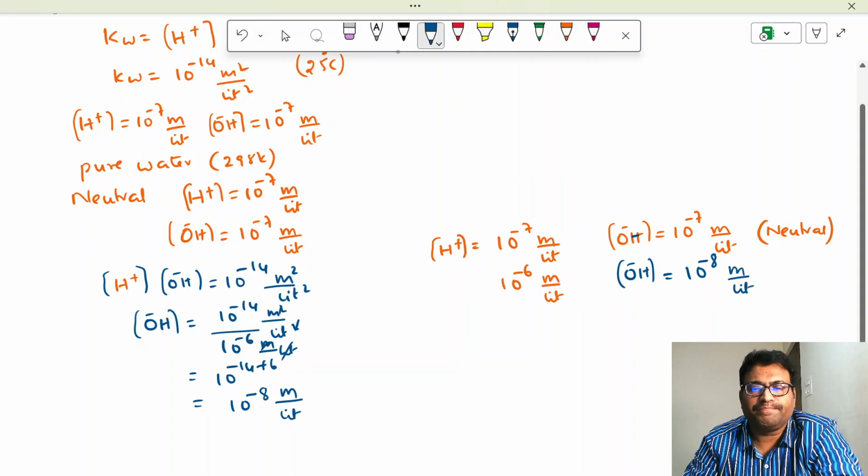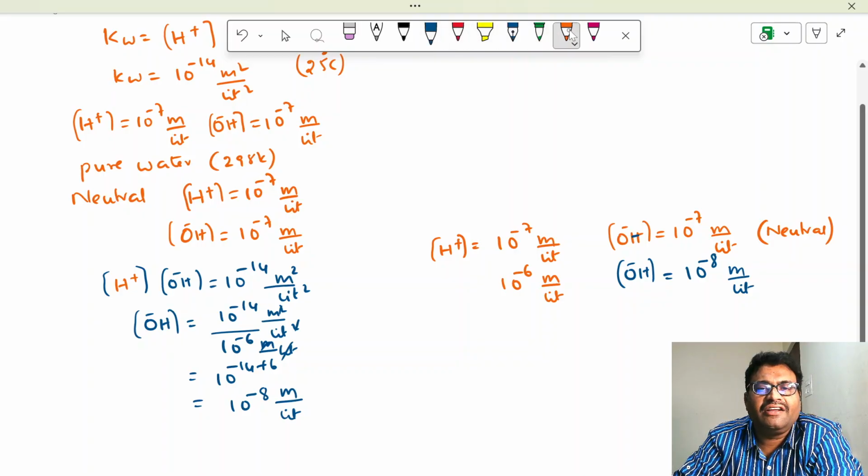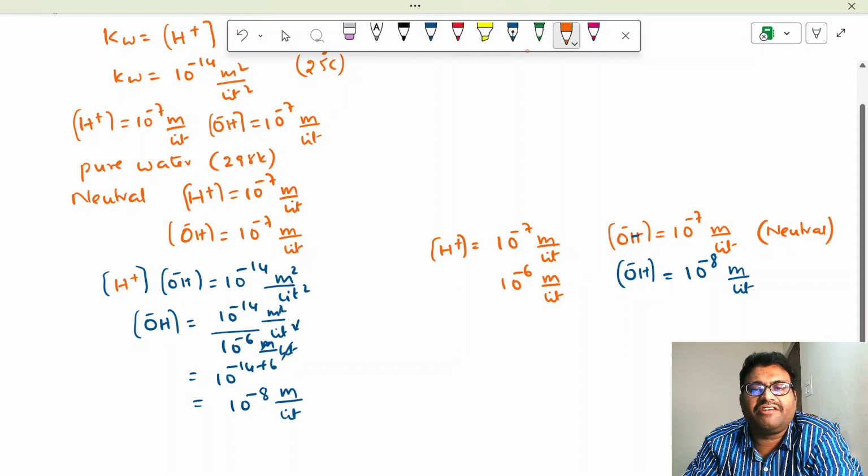That means in a solution, if H plus ion concentration increases, OH minus ion concentration decreases. And if H plus ion concentration is greater than 10 power minus 7, then that will be acidic solution.